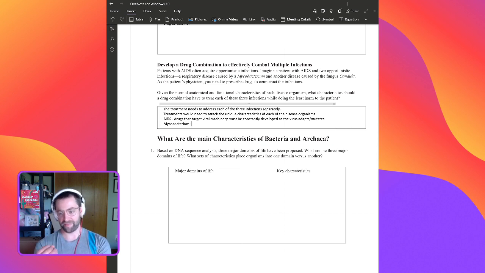Because Mycobacterium is not affected by penicillin, we would have to use something else. So drugs like erythromycin, which interfere with bacterial protein synthesis by affecting the 70S ribosome of bacteria, which would differ from the 80S ribosome in eukaryotes.